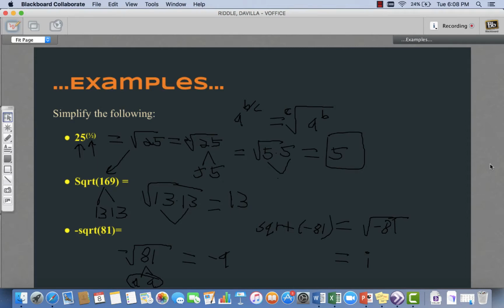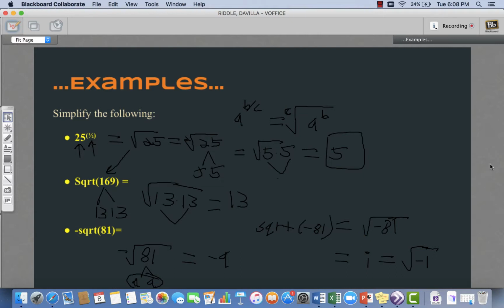Technically, you cannot have a negative number inside of a square root, because there is no answer in the first place. So in order to compensate, this i is what's known as the imaginary number, and it indicates the square root of negative 1. This is so that you can still solve for the answer, but it will signify that this is an imaginary answer in the end.